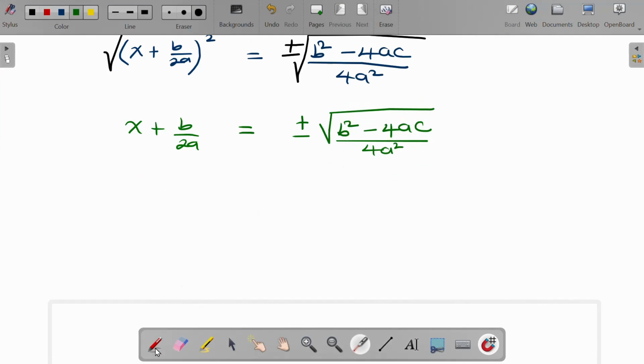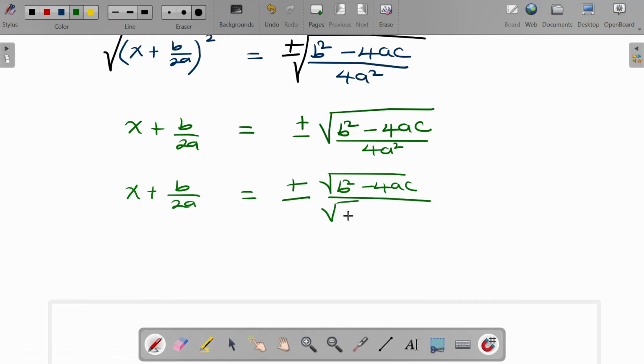So we can now split this and have x plus b over 2a equals plus or minus the square root of b squared minus 4ac divided by the square root of 4a squared.